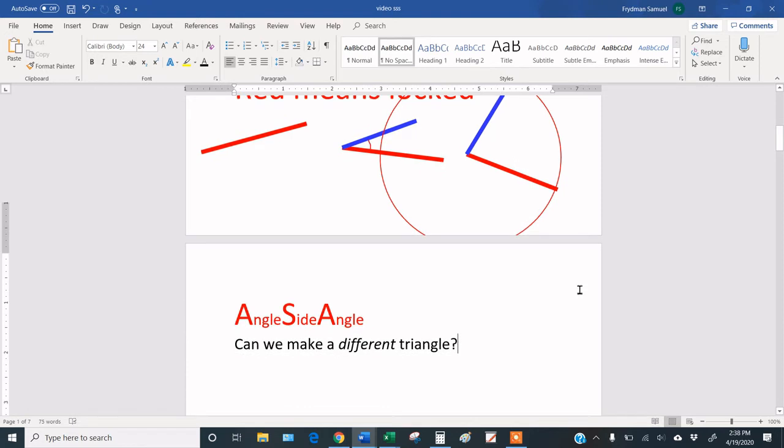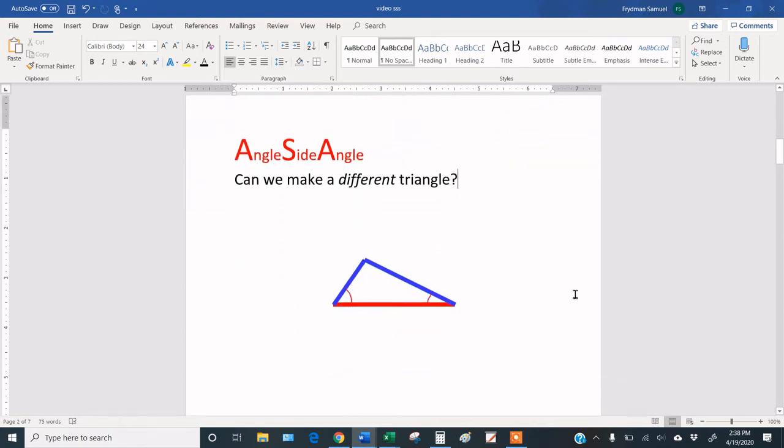Let's go ahead and look at our first triangle. So the conditions that we are given are ASA, where A stands for angle and S stands for side. So ASA means angle, side, angle. And what I mean by that is we have a triangle over here, and we see that this angle is drawn in red.